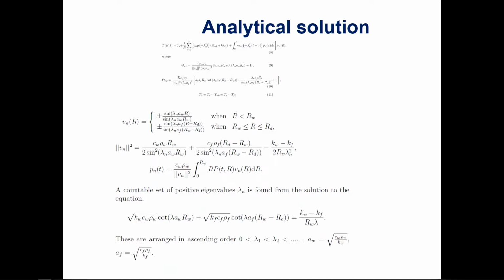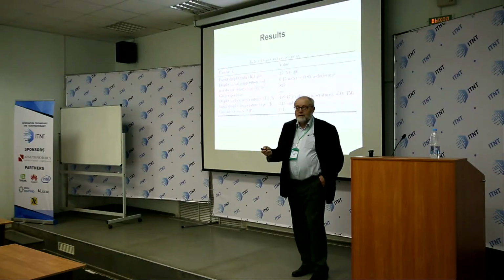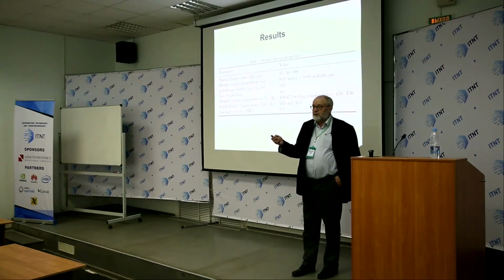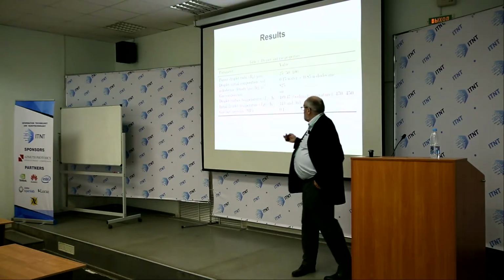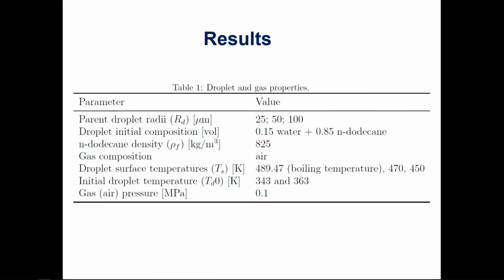And then, once we reached the solution, we applied it to a particular experiment, which was performed in a group at the University of Petronas in Malaysia. And these are input parameters for the droplets, which were supplied by my colleagues working at that university.